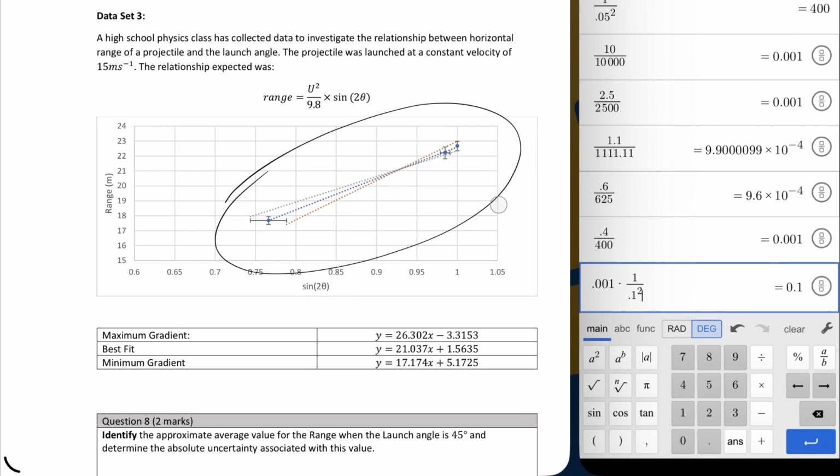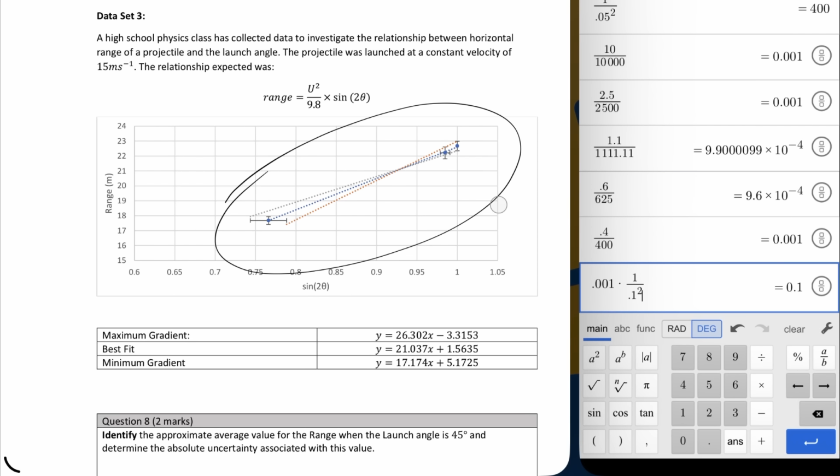All right, let's calculate my uncertainty of the gradient. It's going to be equal to the maximum gradient minus the minimum gradient all over 2. My maximum gradient, working on my calculator on the right, is 26.302. My minimum is 17.174, all over 2.